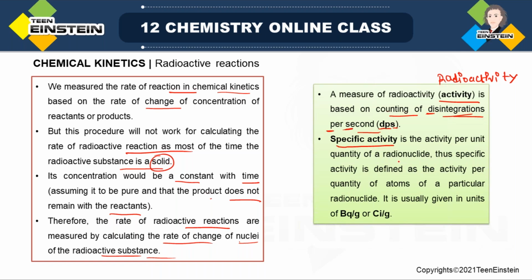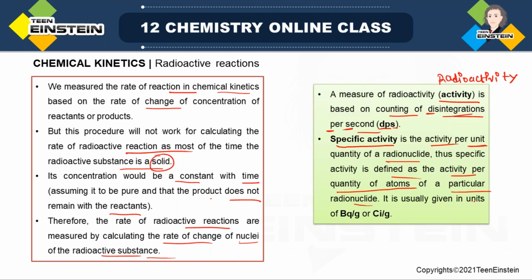And what is the difference between activity and specific activity? Specific activity is the activity per unit quantity of radionuclide. That means it will be per gram or per kilogram, that is per unit mass. So specific activity is defined as the activity per quantity of atoms of a particular radionuclide.